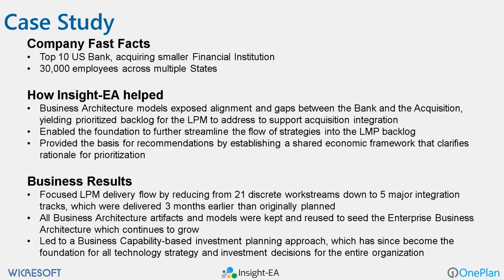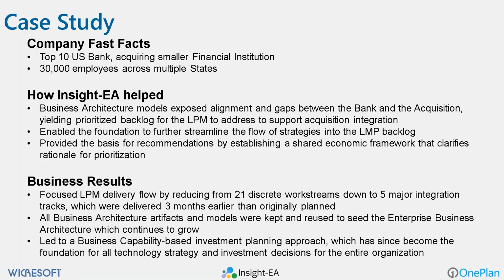In this situation, as you saw in Vernon's example, business architecture models really allowed the organization to line up the two banks, the two organizations, and see the gaps, understand the capabilities that were related to those gaps, score good fit versus bad fit, and very quickly get to a backlog of things that would have to happen in order to integrate the two banks, right?